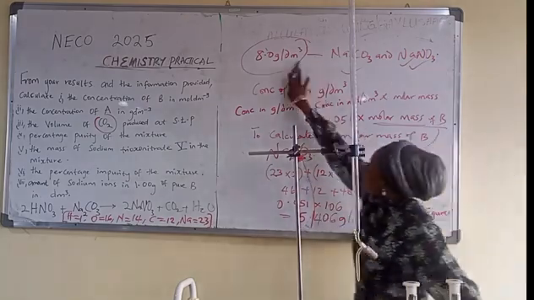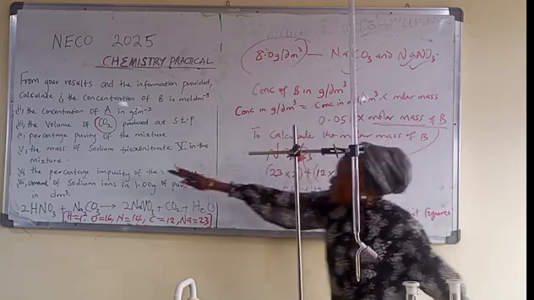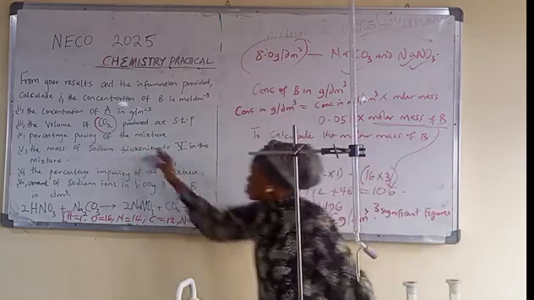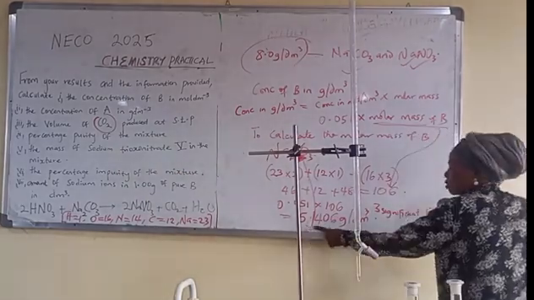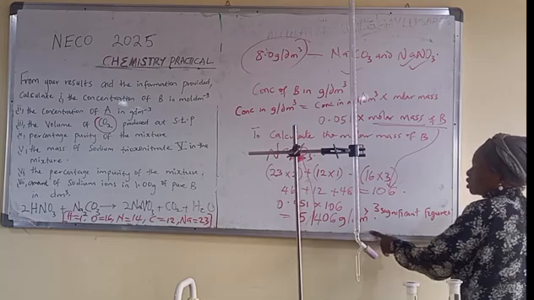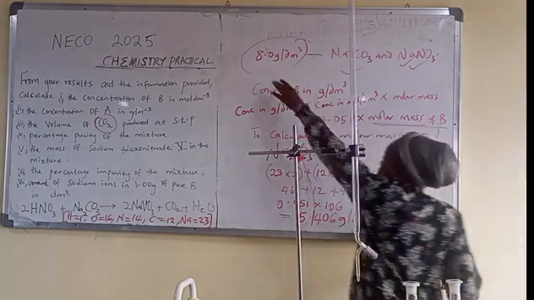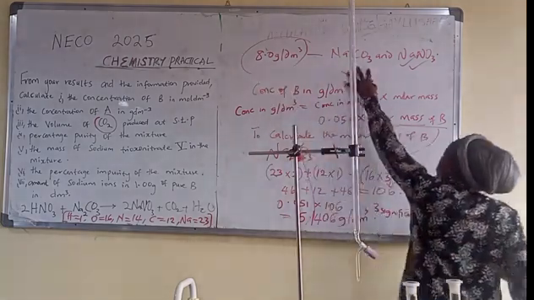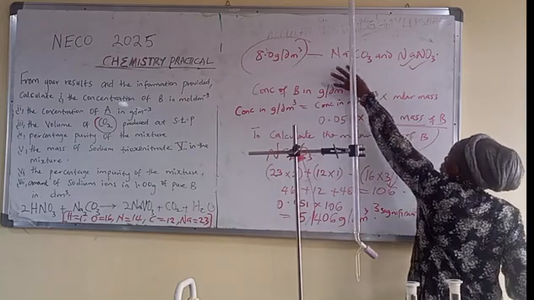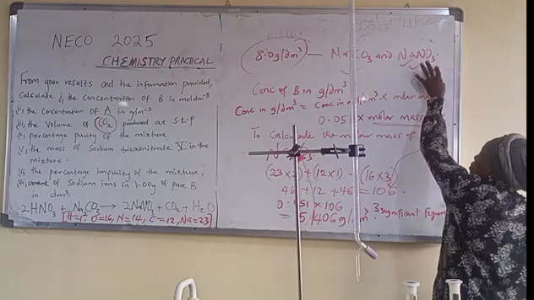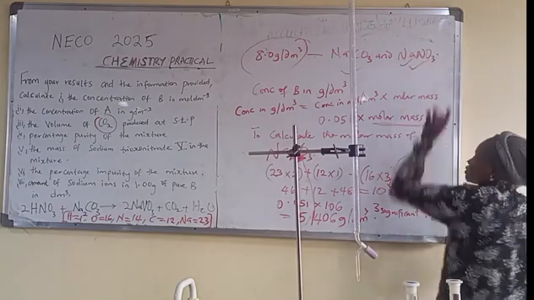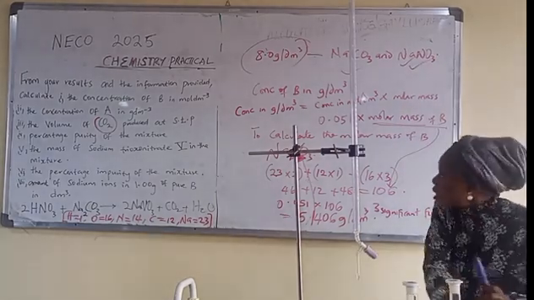This is the impure mass. Now calculate the percentage purity of the mixture. This is for the pure without anything else, and this is for the impure combination of sodium carbonate and sodium nitrate.